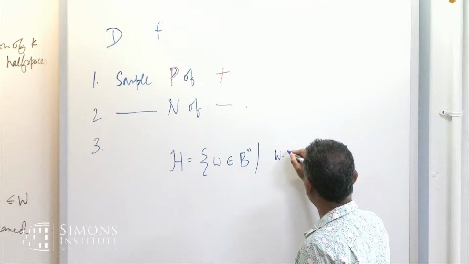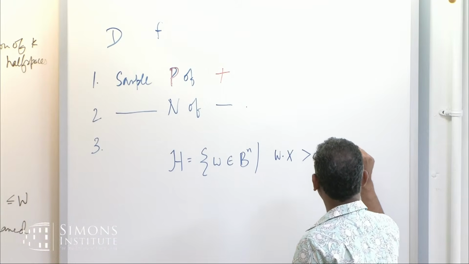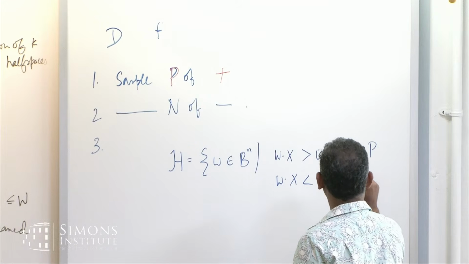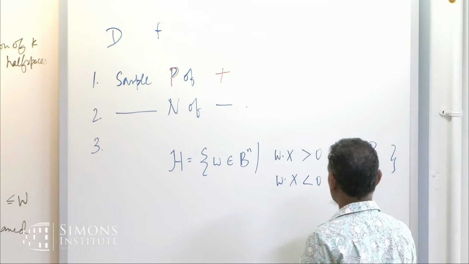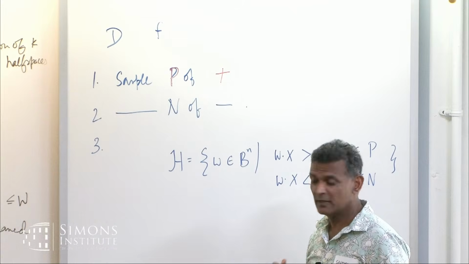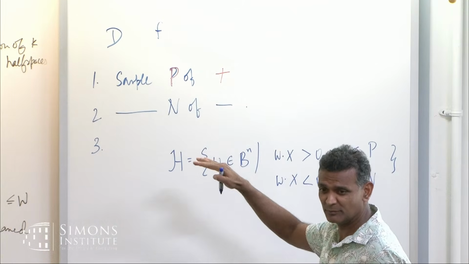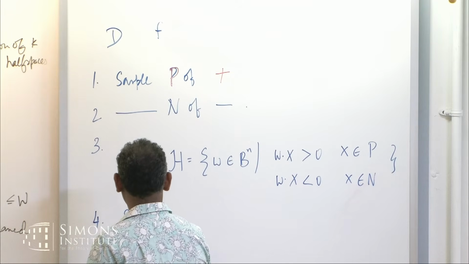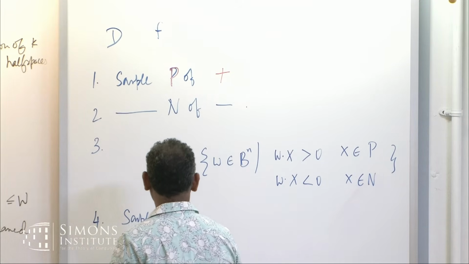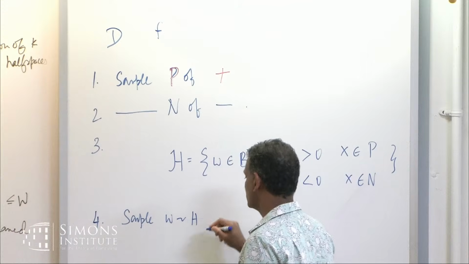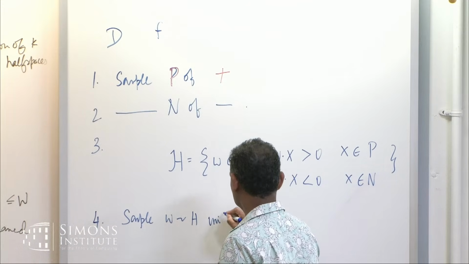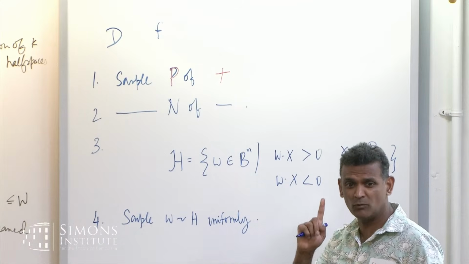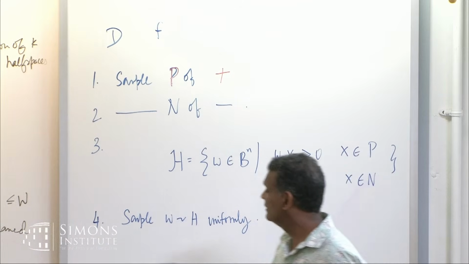So w dot x is greater than 0 for x in P, and w dot x is less than 0 for x in N. Just half spaces that correctly classify the sample. And then step 4 is sample w uniformly from the set H. Just a uniform random vector that satisfies this.